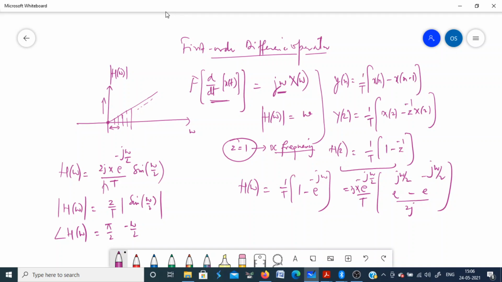Okay, this is the magnitude response. The magnitude response of the system is |H(omega)| equal to 2/T |sine(omega/2)|. Okay, so if you plot omega and |H(omega)|, it's a sine function.